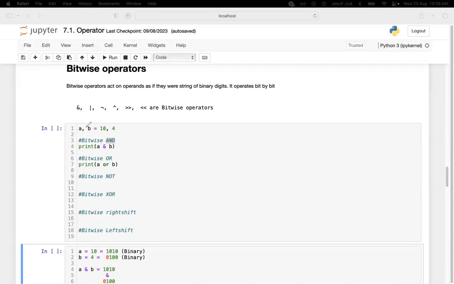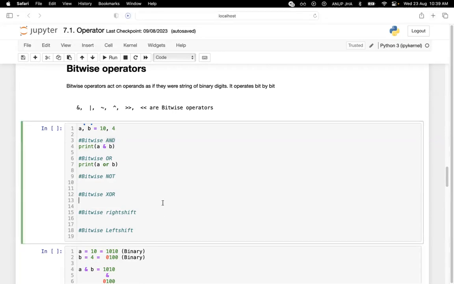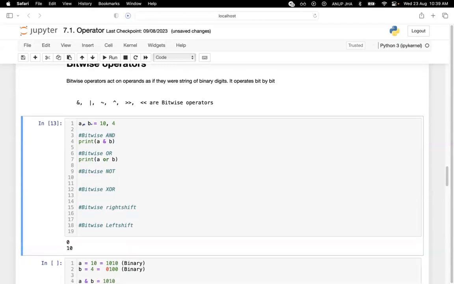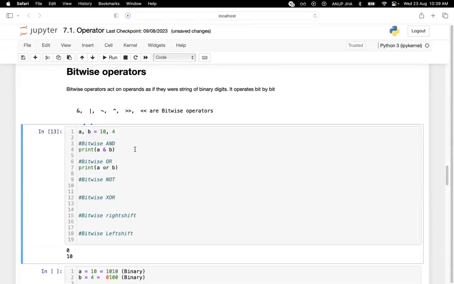So this is A and B. I have assigned some value and applied the bitwise AND operator. How is this working?